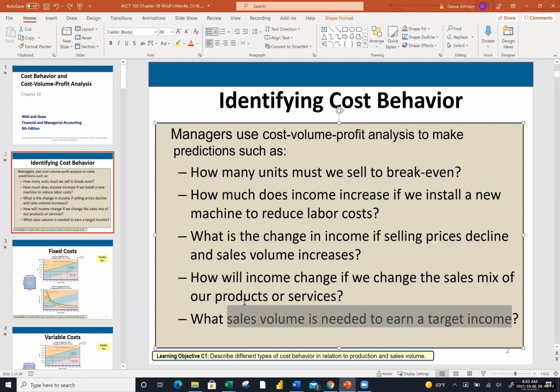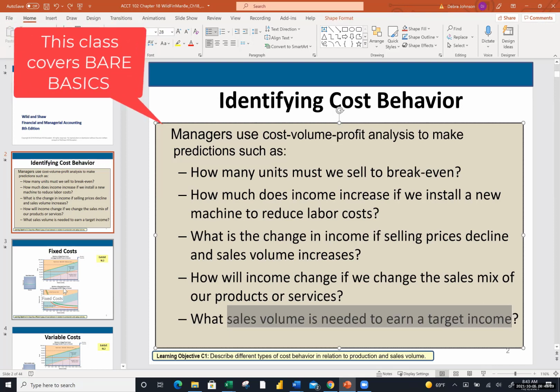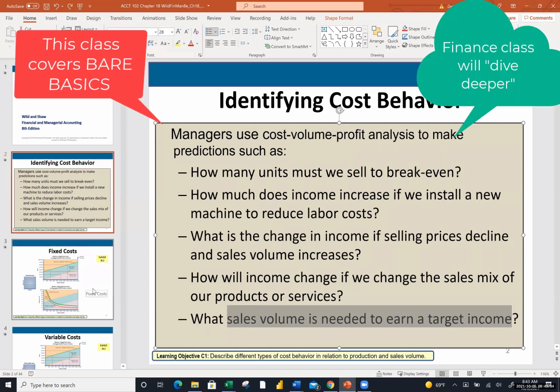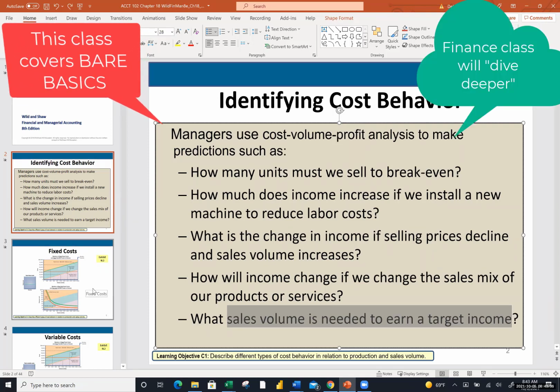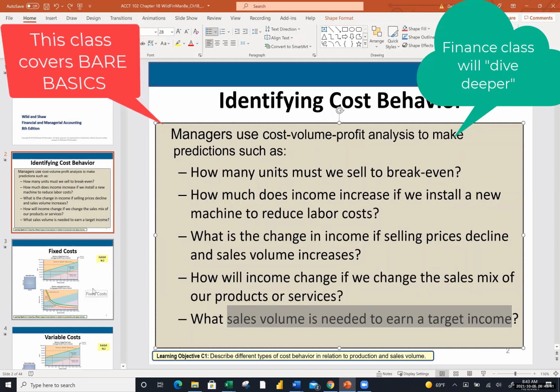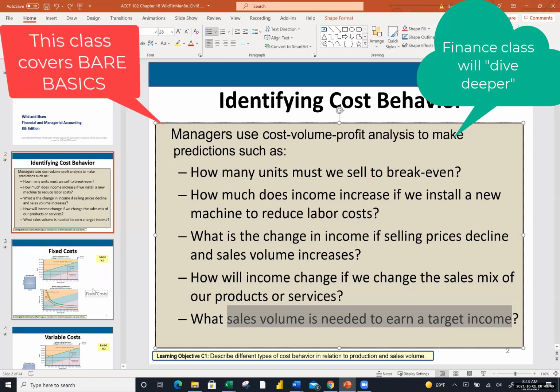Your upper-level finance classes, if you're a business major, will dive deeper into this, with complicating factors like taxes. This is really a 20,000-foot overview of cost, volume, profit. Questions on that opening slide? I think it's a great slide about all the things this chapter is going to teach us.